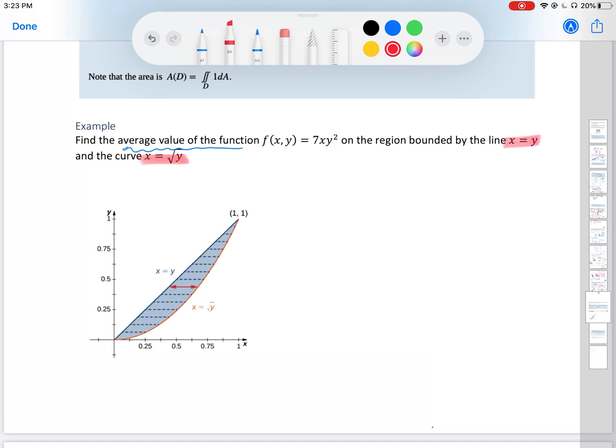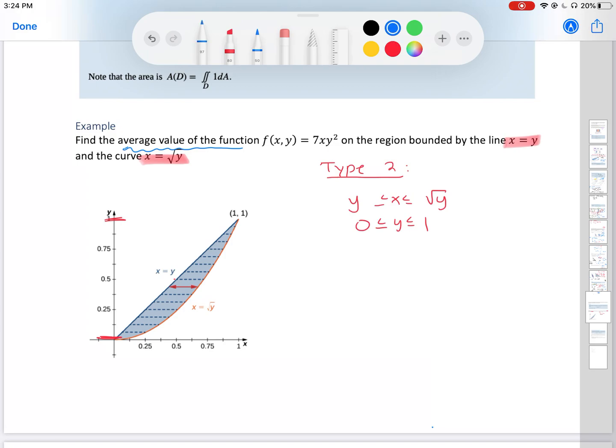So let's proceed with type 2. All right, so for type 2, we're looking at our y's, and it goes from 0 to 1. And our first graph is x equals y, and then x equals square root of y.